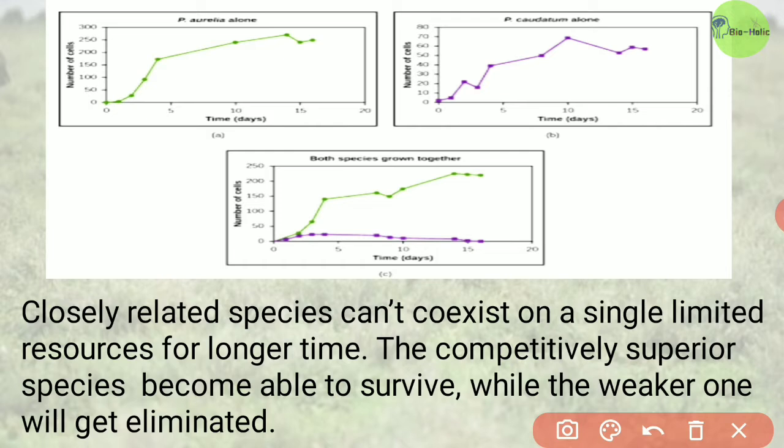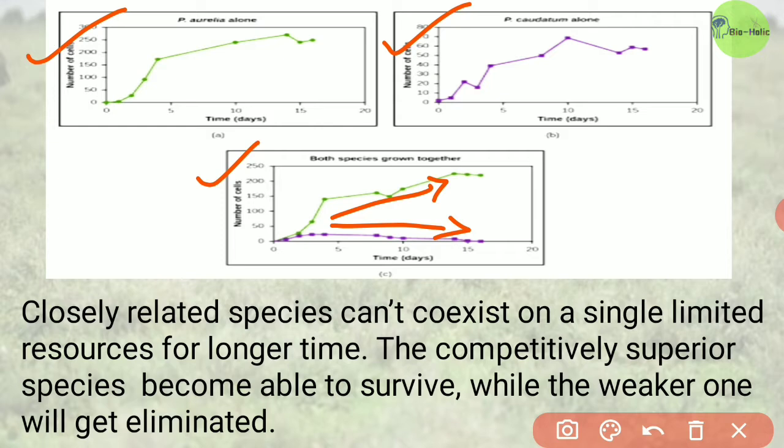First of all, growth in two separate or isolated culture media for both species, and the second condition is mixed culture growth. But then in the mixed culture medium, Paramecium aurelia won but Paramecium caudatum was excluded from the competition for the same amount of nutrients.